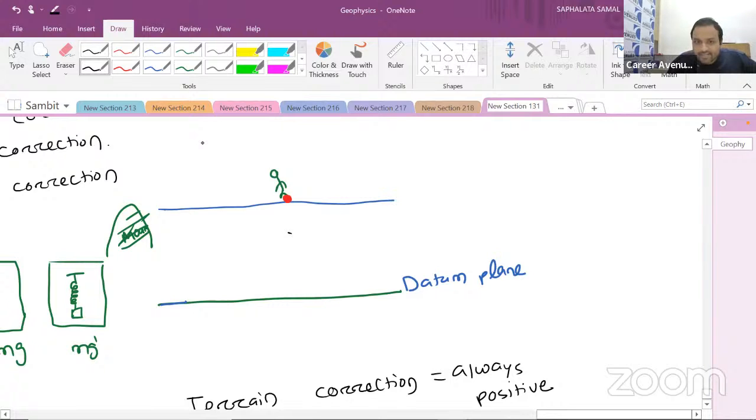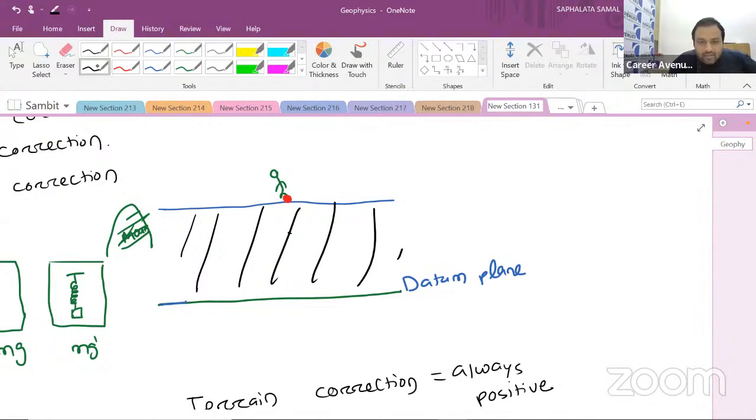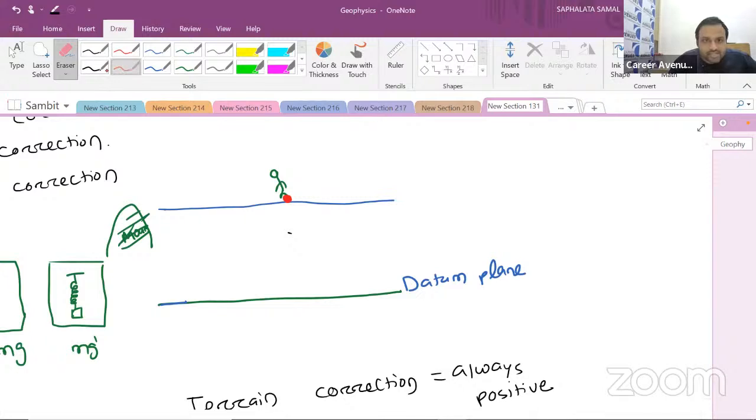Now this flat surface is again at some height from the datum plane. Suppose I am going exactly vertically downwards to this point over here. This is my theoretical value of gravity, because this is the reference spheroid. Here I am measuring the value and adding the correction term.